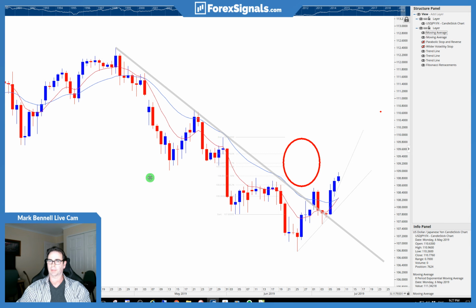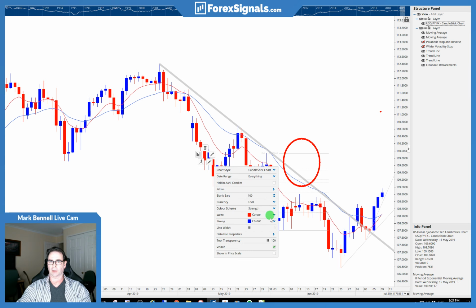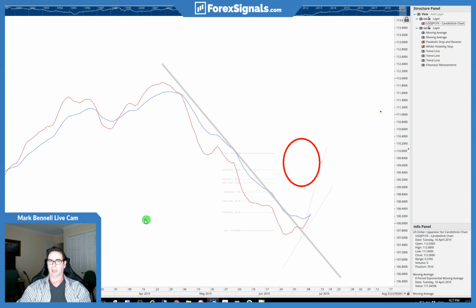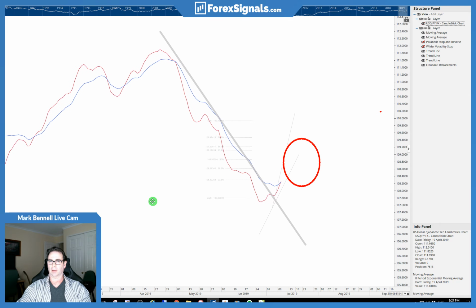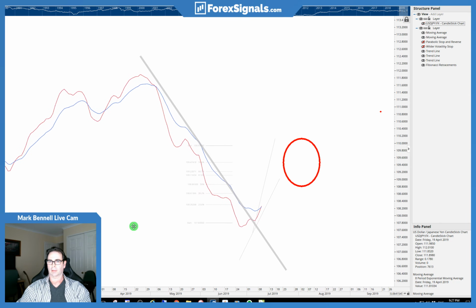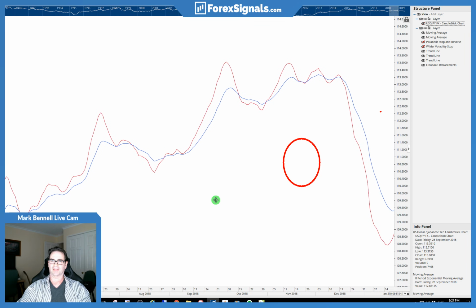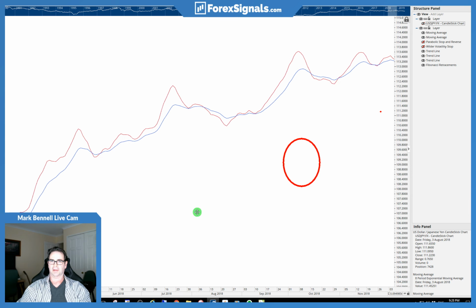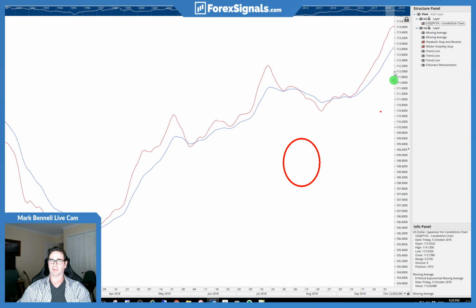Short-term strength. So what if we actually took the candles out? What do you think? We've got short and medium-term momentum? Absolutely.